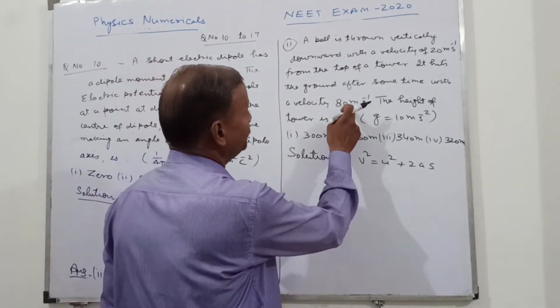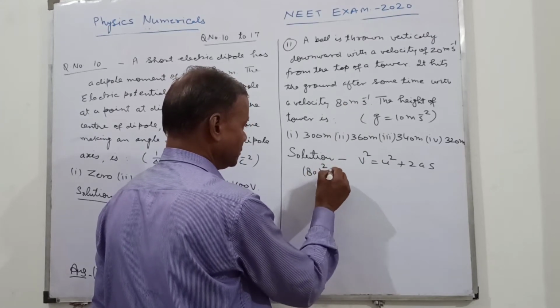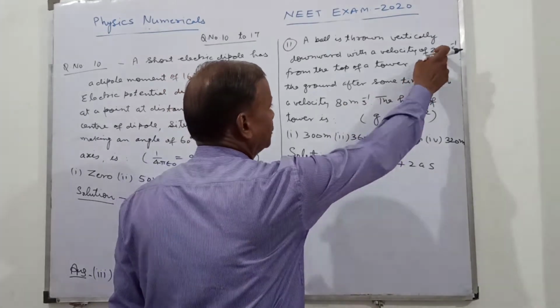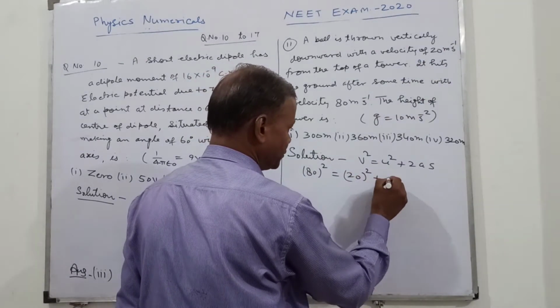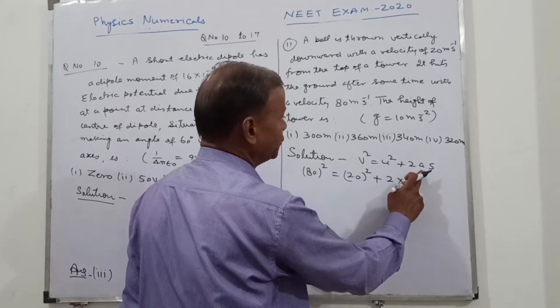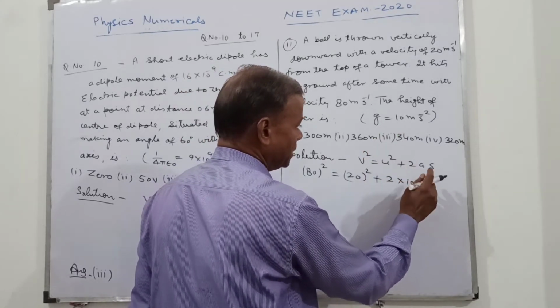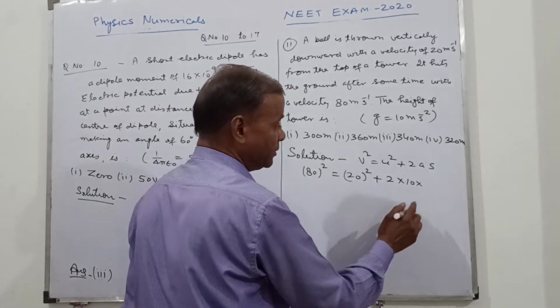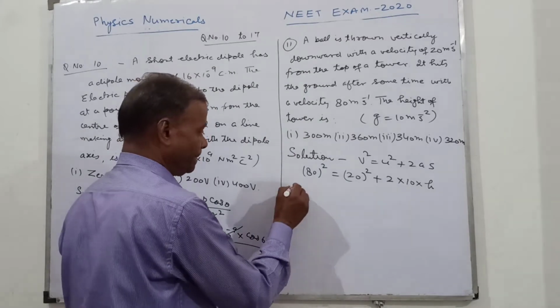Now v is given to be 80, so this is 80 square. u is given to be 20, so this is 20 square plus 2. In place of a, you are given the value of g, which is 10. s, the distance travelled, is the height h of the tower.